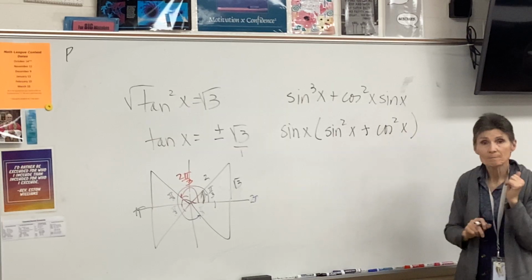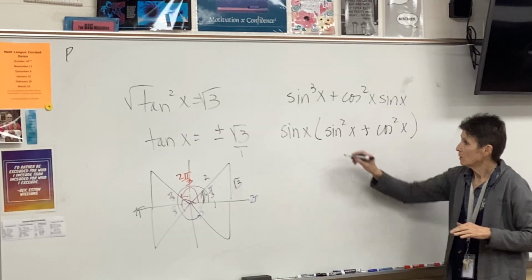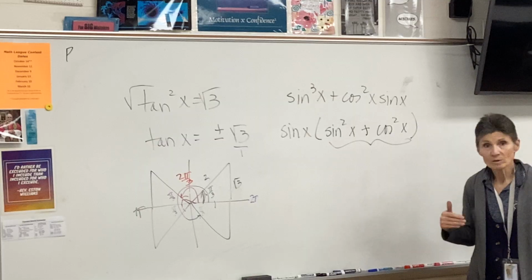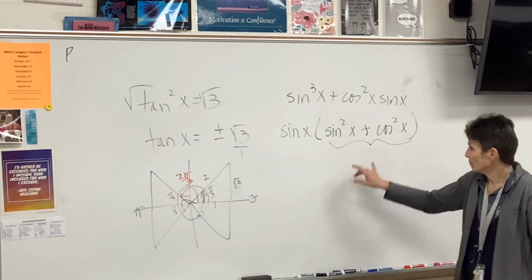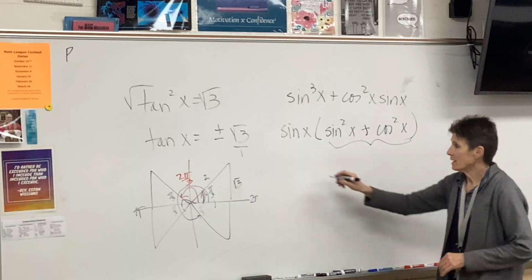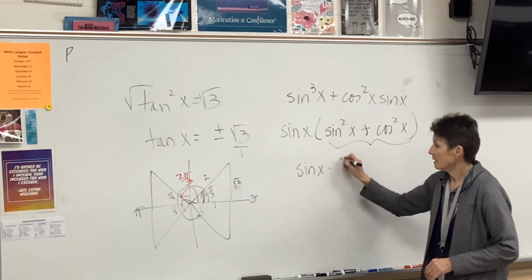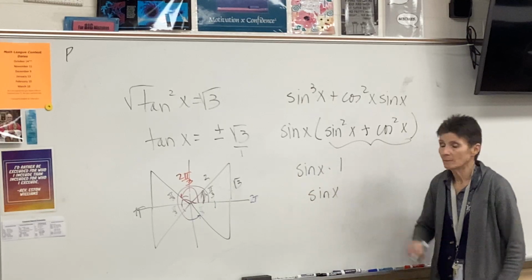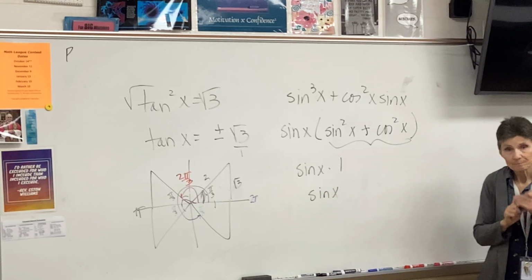Wait a minute, what's that? This is like the 4th time just today we've run into that. And what is it? 1. So we have sine times 1. That's just sine. So the answer to the first homework problem is sine.